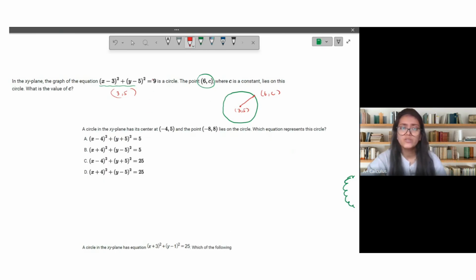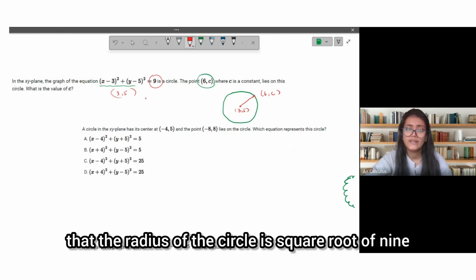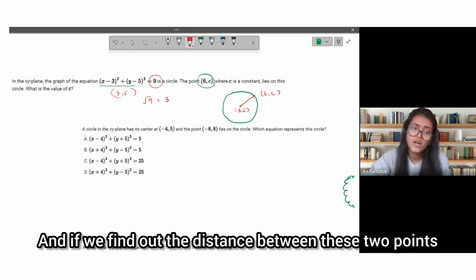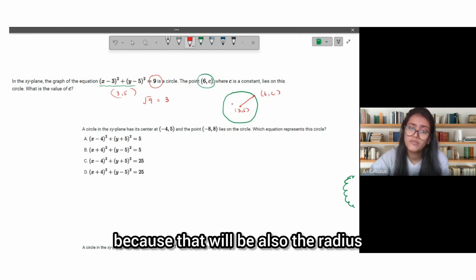And we also know that the radius of the circle is square root of 9, which is 3. And if we find the distance between these 2 points, that will also be 3 because that will also be the radius.